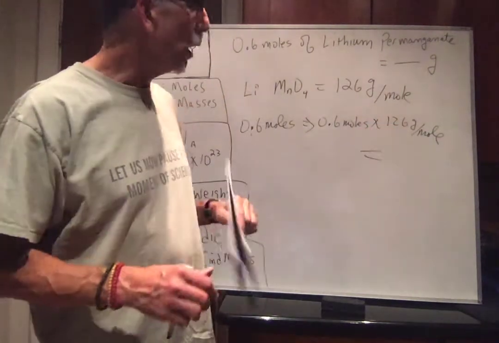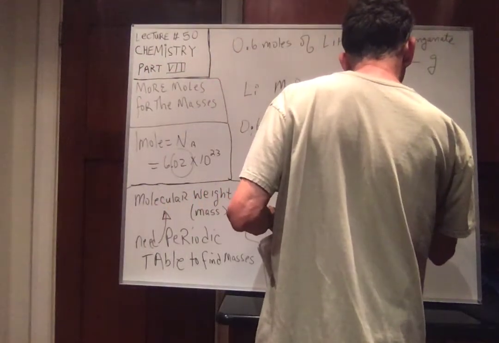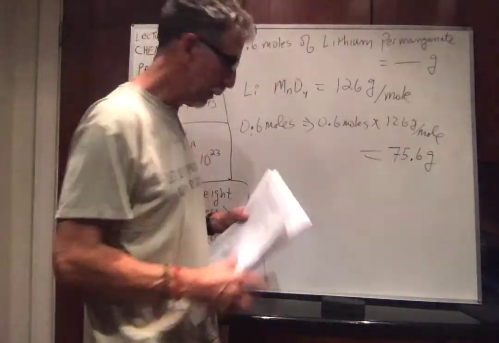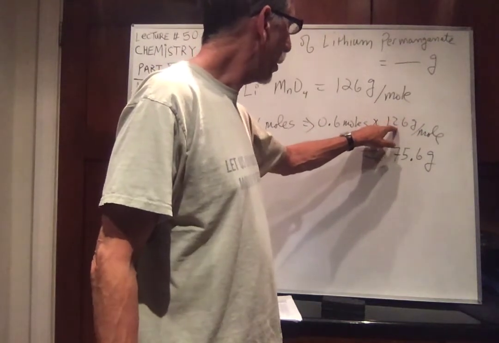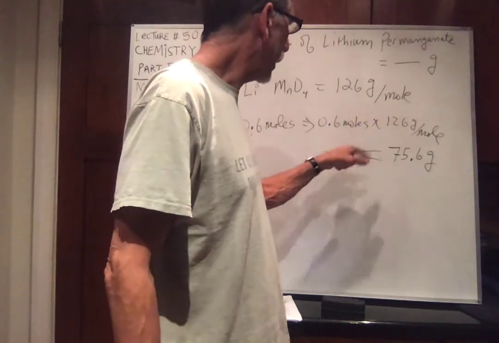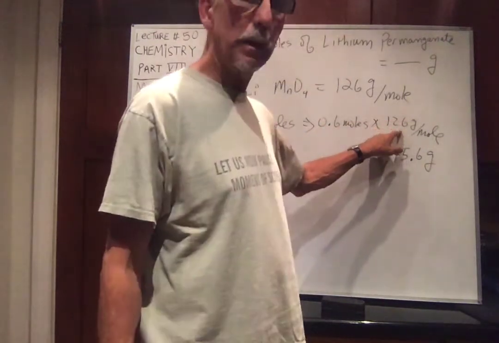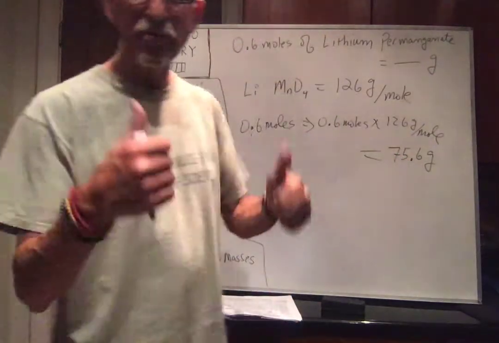So it's 75.6. You check my math. Don't trust me, okay? So when I multiply 0.6 times, say 120, I get 72, and then 0.6 times 6 is 3.6, so 72 plus 3.6 should be this.